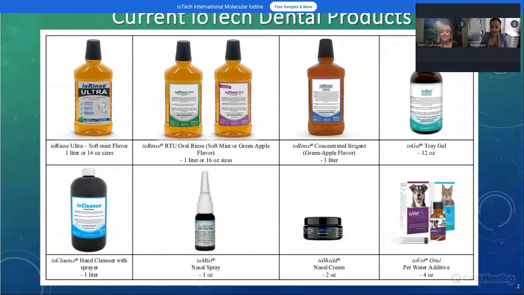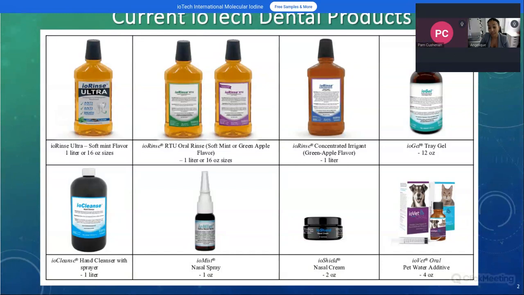So, okay, time for the products. First up on our top left, we have iorinse Ultra. Now, iorinse Ultra is our first OTC product. It's our first OTC drug, which allows us to make our anti-gingivitis, anti-plaque claims. It has the same level of molecular iodine as our iorinse ready to use.